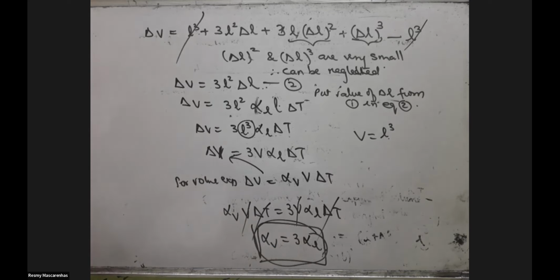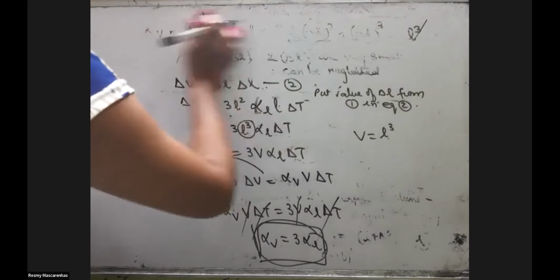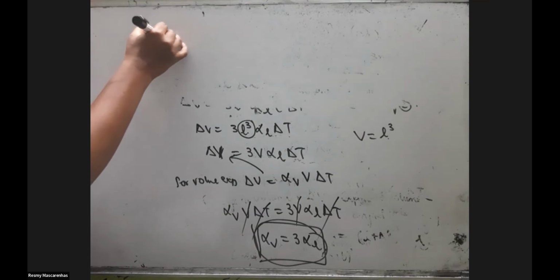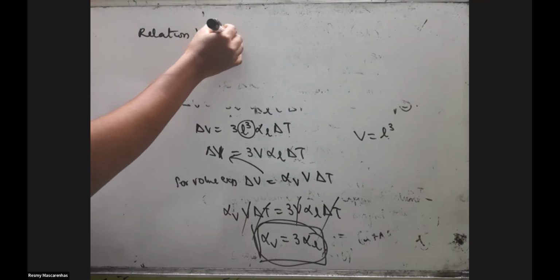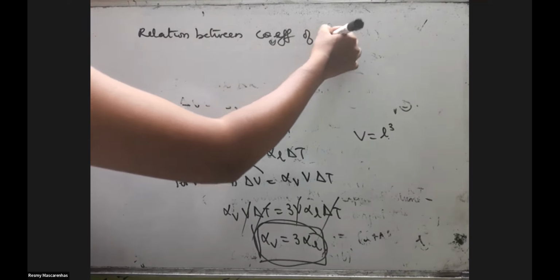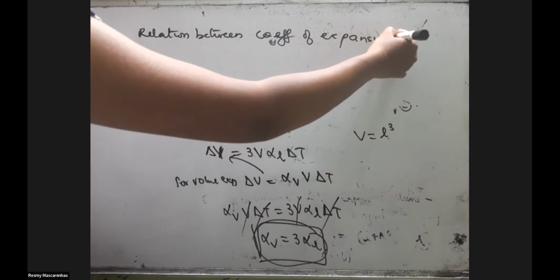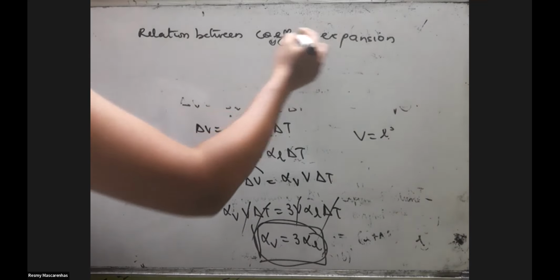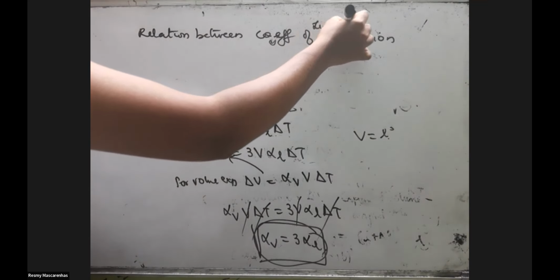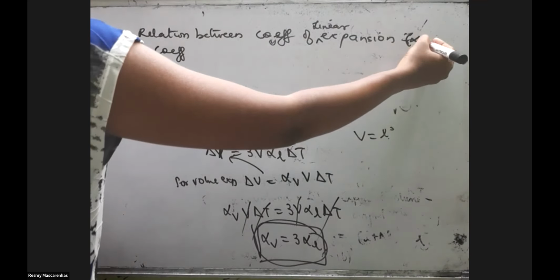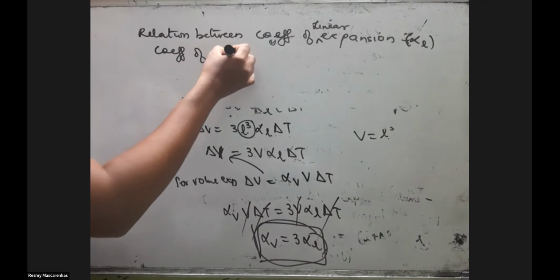This was linear and volume, so next will be linear and area: the coefficient of linear expansion alpha L and the coefficient of area expansion.